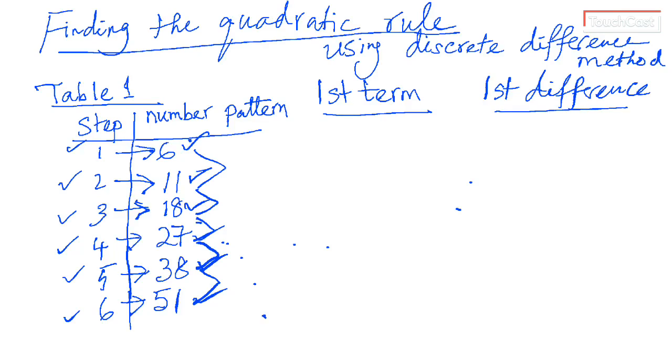To work out the first difference, you take 11, the second term, and subtract the first term. So 11 minus 6 gives you 5. If you carry on, 18 minus 11 gives you 7. 27 minus 18 gives you 9. Then 11, 13.